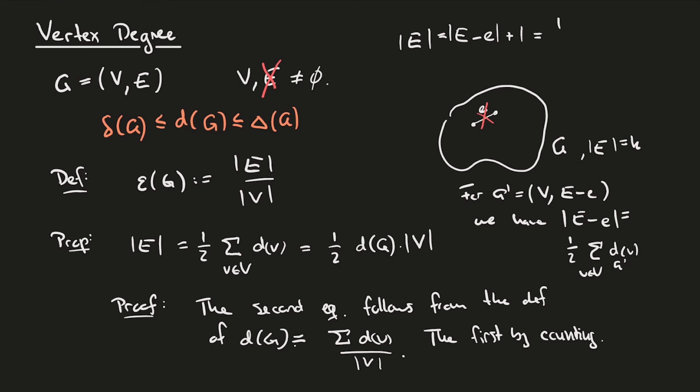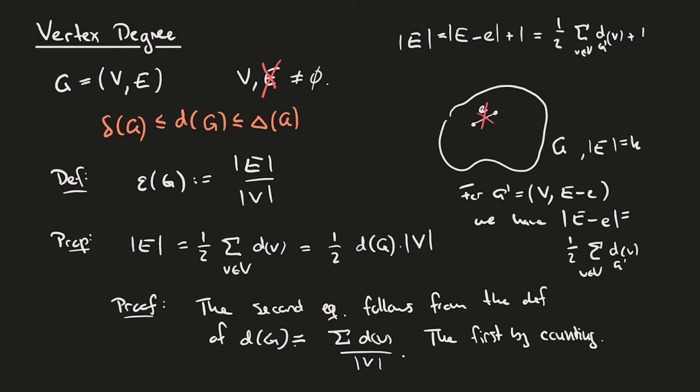And we know that this is 1/2 times the sum of the degrees of the vertices in G prime, plus 1.